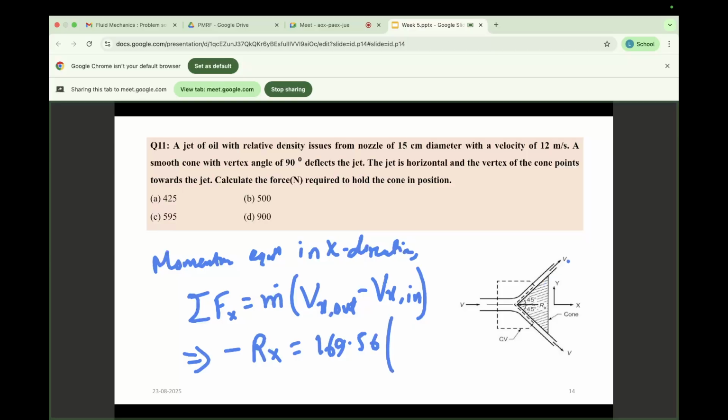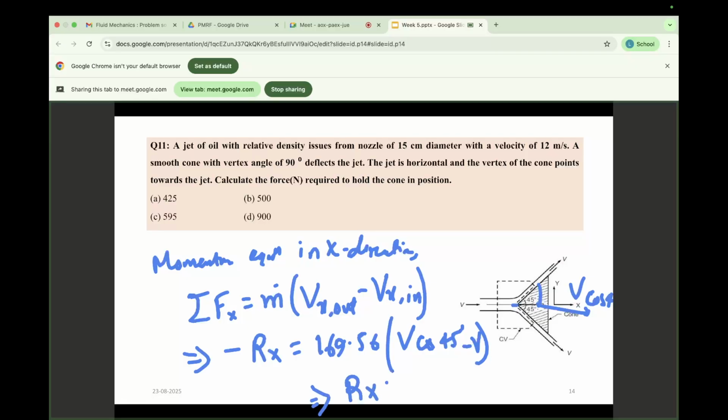Outlet means this one, but it should be in the x direction, so I need to take this component, which is v cos 45, minus only v, because at the inlet it is in the vertical direction, so no need to do so.